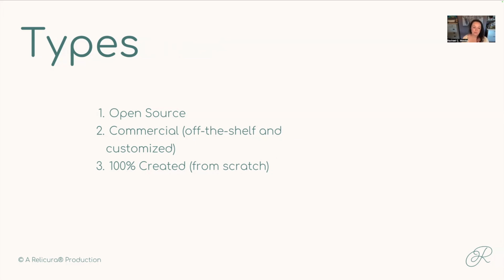Open source means that all of the code that makes a system what it is is freely available online through services such as GitHub, and because the code is open source, different developers can create different modules or widgets, add-ons, custom templates, etc. So it can be a very rich area of products depending on how well the community is around that product.